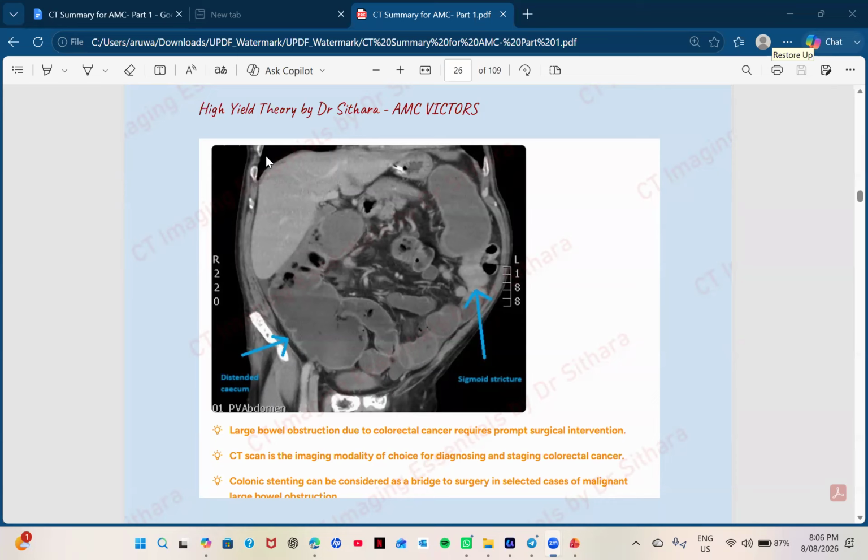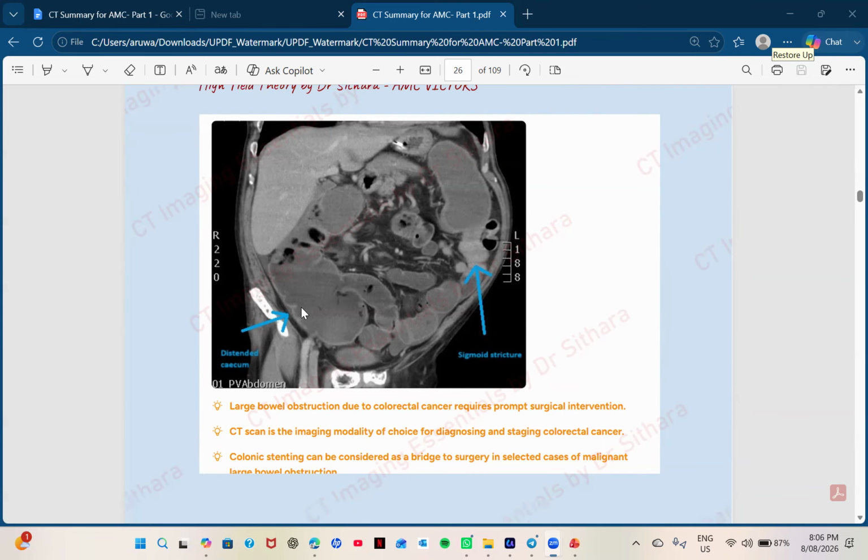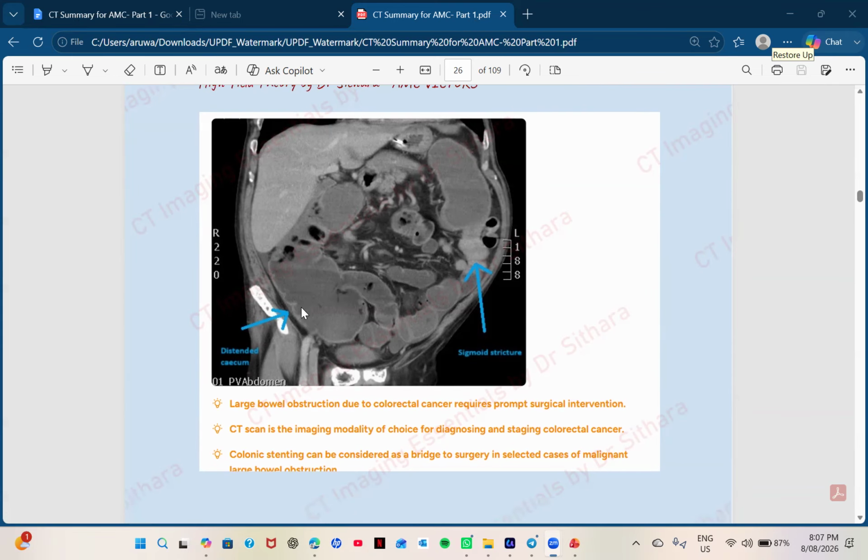I have explained the whole mechanism; today I am only explaining these CT findings. Here you can see the dilated cecum. Why? Due to the sigmoid stricture, the sigmoid cancer here. Because of that, there is a dilated cecum, right, doctors?